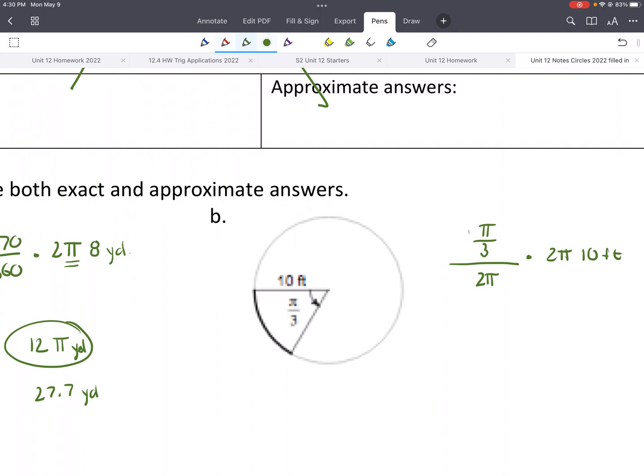What I would recommend here is that we have 2 pi on top and 2 pi on bottom, so we just cancel those out. Then we just end up having pi over 3 times 10 feet, and that's just 10 pi over 3. That can't be simplified any further, and I think that's it.